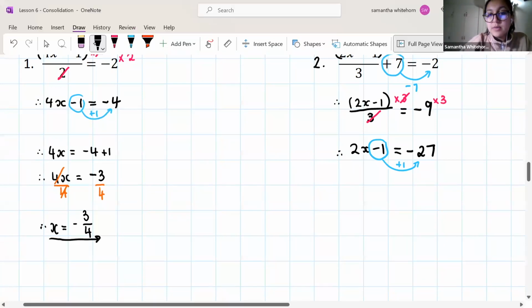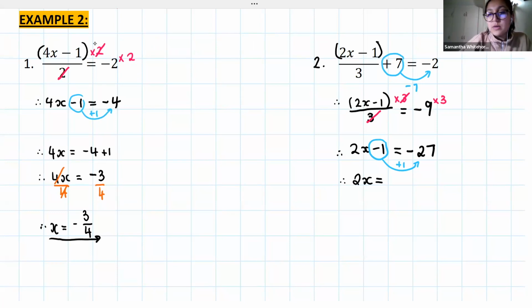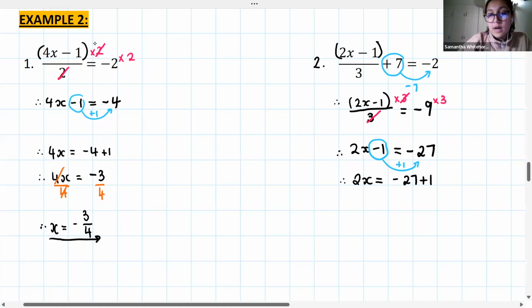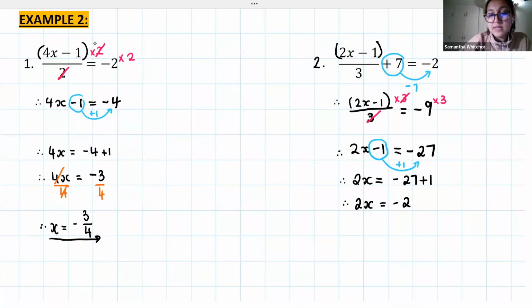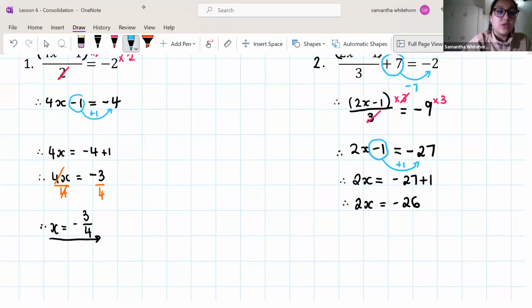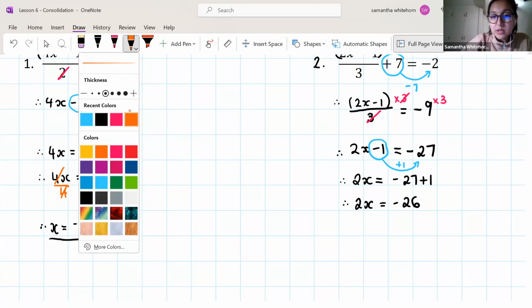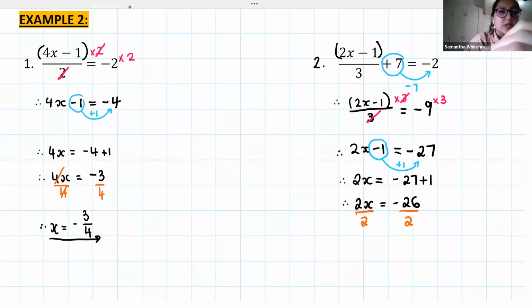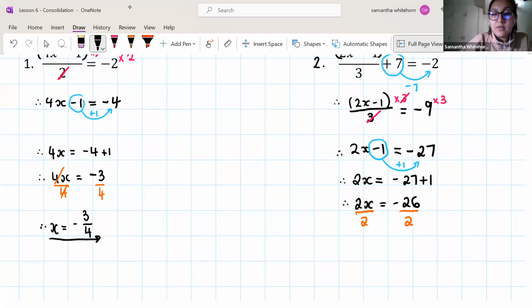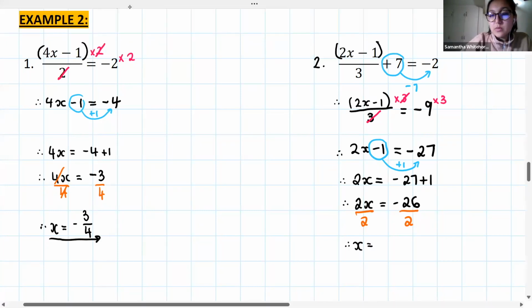And so that's going to leave me with 2x is equal to, now be careful, minus 27 plus 1 gives me a negative 26. Not negative 28, negative 26. We've moved 1 up our number line towards the positive side. I still don't want that coefficient, so I do need to divide both sides by 2. And so this gives me a final value of x is equal to negative 13.